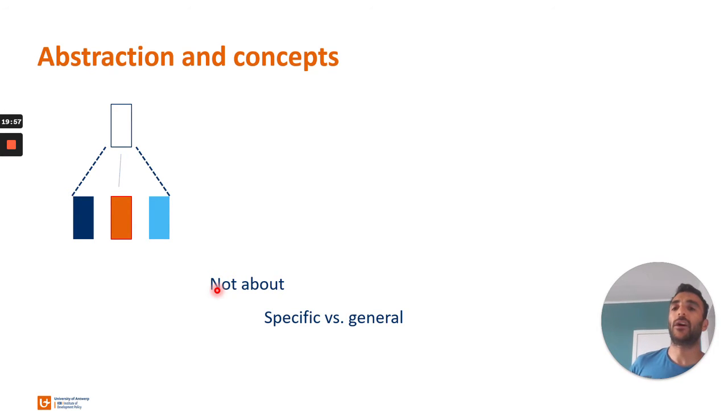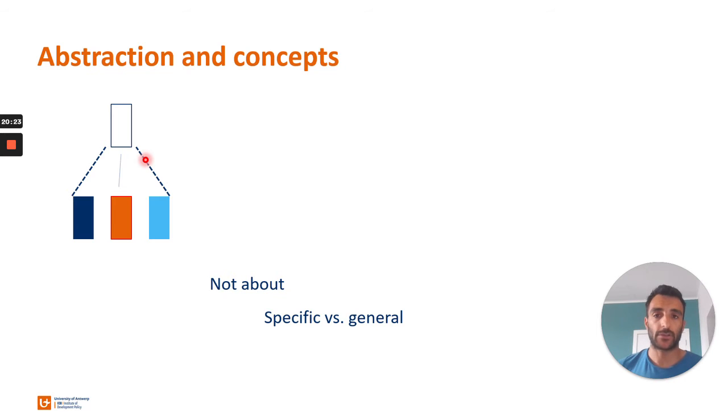So for example, it is not about going from the specific to a more general. Here you have a specific blue rectangle, a specific orange rectangle, or a lighter blue rectangle, and we make abstraction of that, and so we just say it's a rectangle, right? We take the least common denominator, okay? The smallest common denominator, sorry.